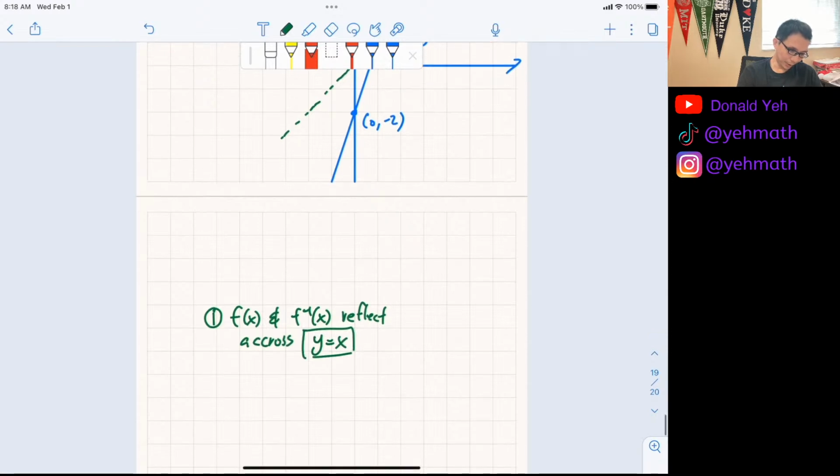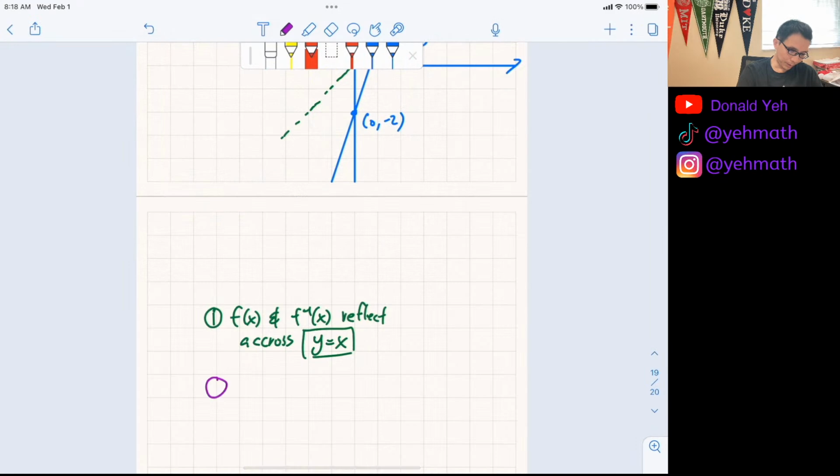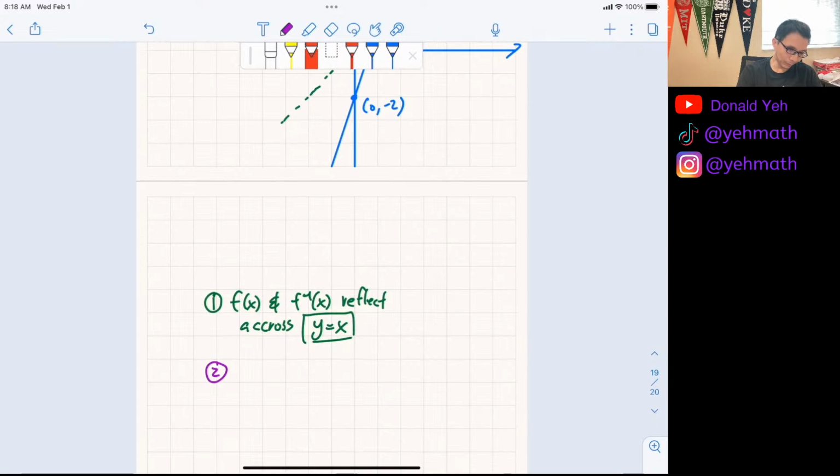Okay, that is the first thing. The second thing I want to write in purple because it's going to be pretty helpful. The second one says you can have a coordinate swap.